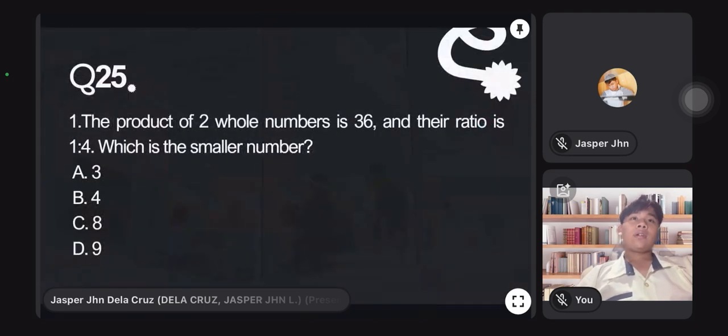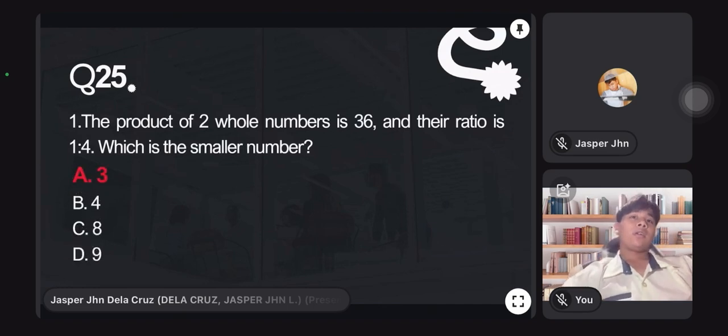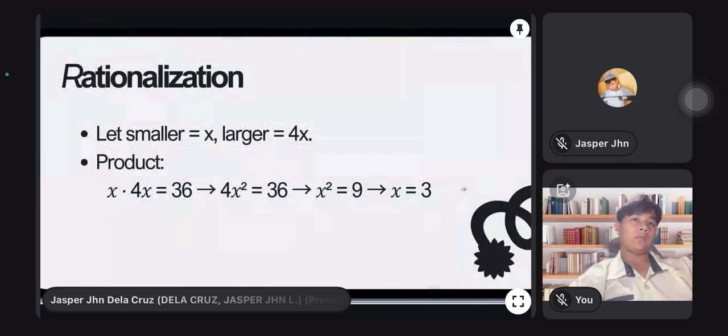Now, number 25. The product of two whole numbers is 36, and the ratio is 1:4. Which is the small number? Okay, need to remember the ratio. The small number in here is letter A, which is 3. Okay, why 3? Let us solve.